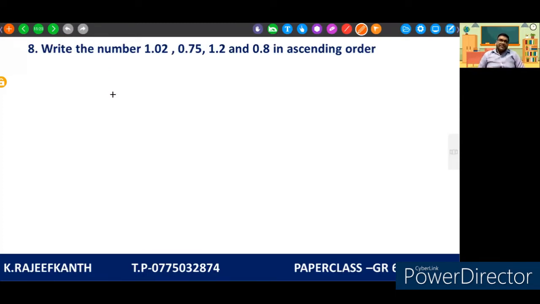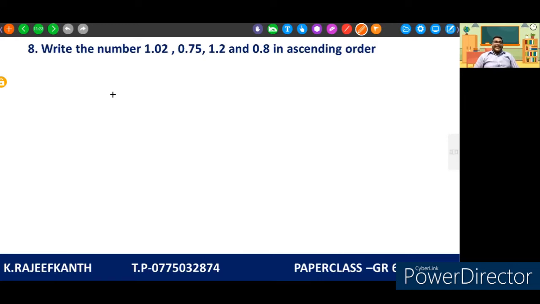Write the numbers 1.02, 0.75, 1.2 and 0.8 in ascending order. So if you want to write in ascending order, you have to arrange from small to big. So first you have to write the smallest value. So first you have to compare these 4 decimals.